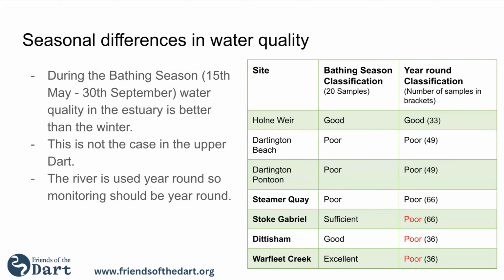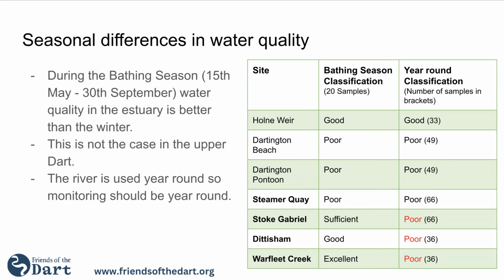So another thing that's been really interesting is seasonal differences in water quality at a lot of these sites. In the Upper Dart, there doesn't seem to be a huge amount of variation in water quality. If you look at the table, you have the classifications, and these are calculated using a statistical method, the same method that the Environment Agency uses.